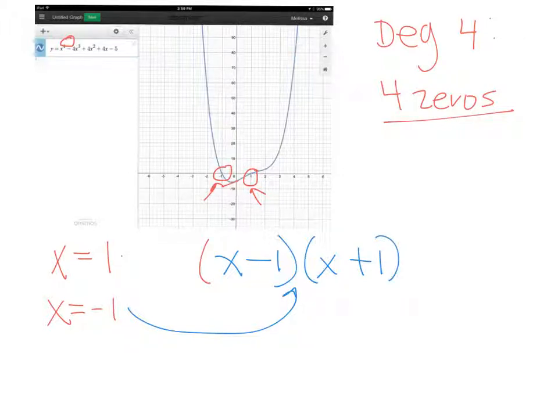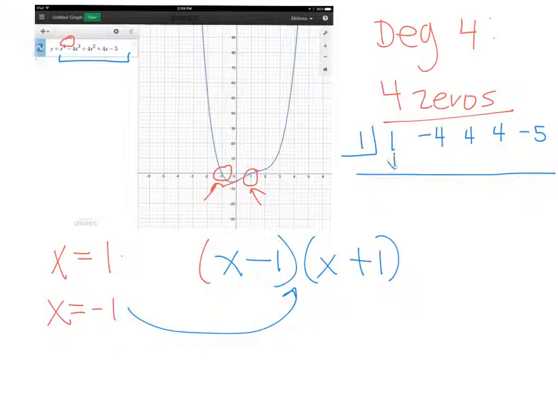Now, to show what the remaining factors are, I can use synthetic division using positive 1 first. My coefficients are up here: 1, negative 4, positive 4, positive 4, and negative 5.